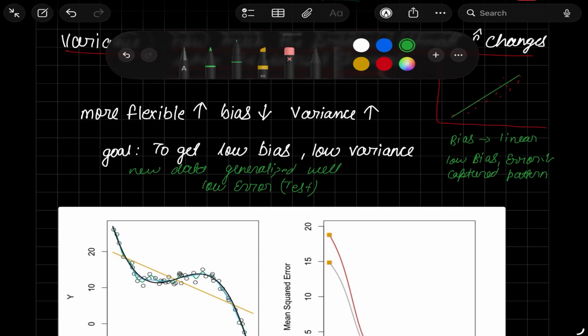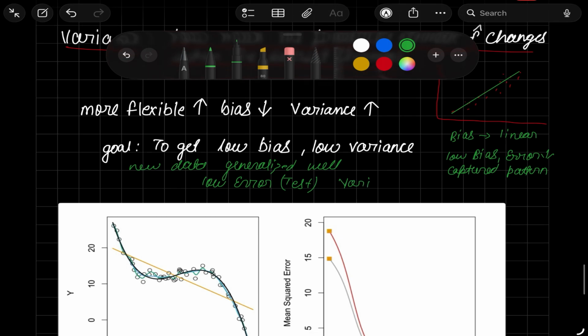And as the error rate is low, our model is performing at the same level as it was earlier. And as it is giving the earlier performance, the variance is very low, because the prediction is not changing. It can range up or down by 1 or 2 points, 3.5 points. There's a range, and if the model predicts within that range, we can simply say the variance is low.